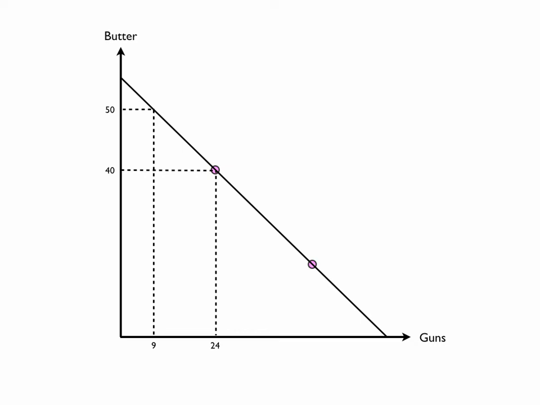And if we were way down at the bottom, say at the intercept with guns along the x-axis, and we wanted to increase our production of butter, we increase 10 units of butter, we would give up 15 units of guns. So it's a constant cost along that whole range, and that might be problematic.